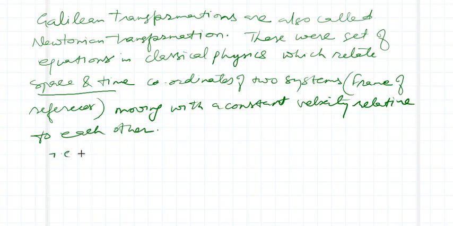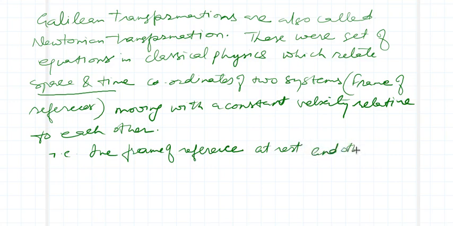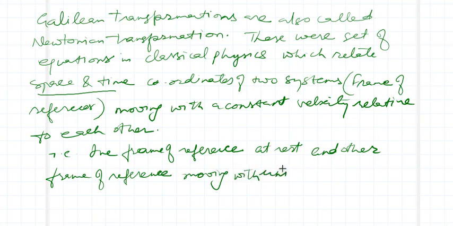That is, in simple language, one can say that one frame of reference is at rest and the other frame of reference is moving with velocity v, or with uniform velocity v.